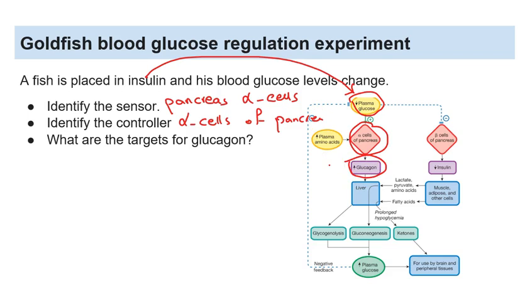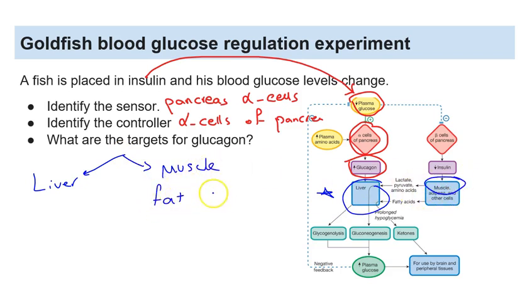Through the blood circulation, glucagon goes to the target cells or target organs, which would be the liver cells or hepatocytes, and also the muscle, the fat tissue or adipose tissue, and all the other cells in our body.